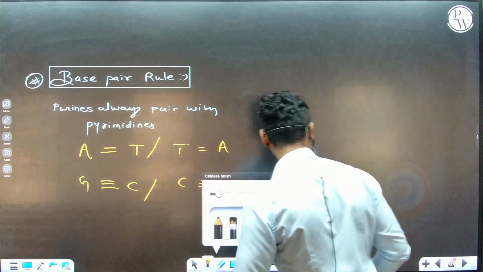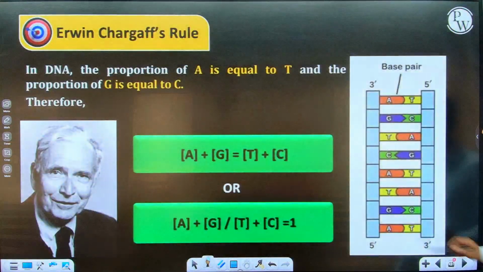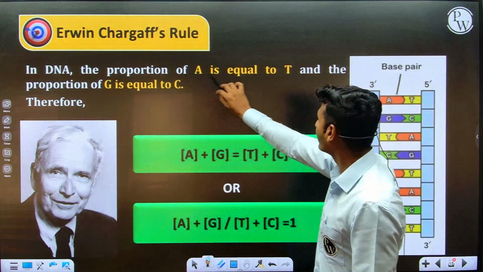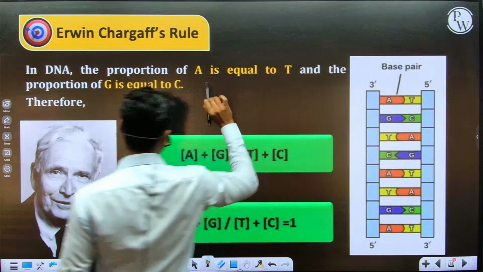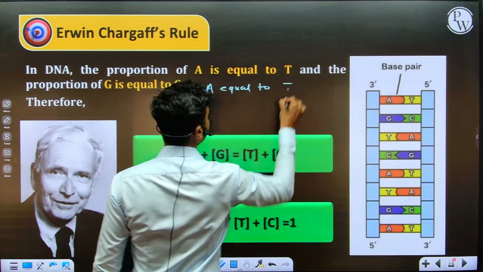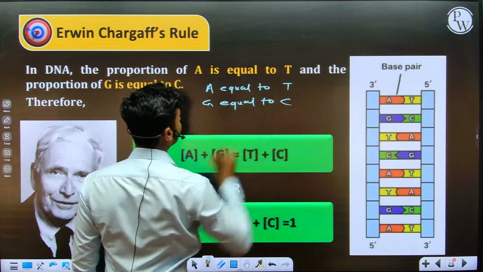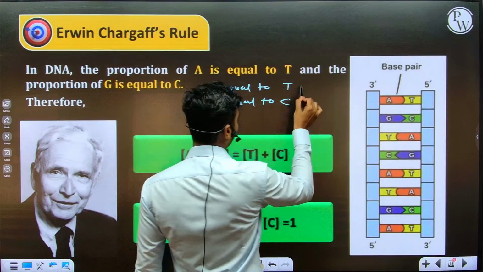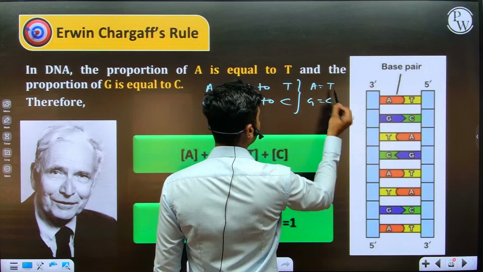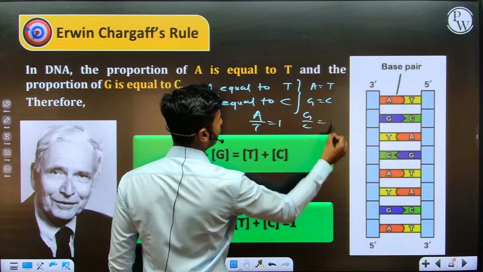The second one is Chargaff's rule, given by Erwin Chargaff. The number or proportion of adenine is equal to T, so A equals T and G equals C. It means A divided by T equals 1 and G divided by C equals 1.